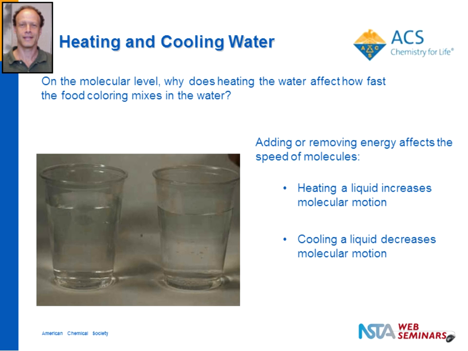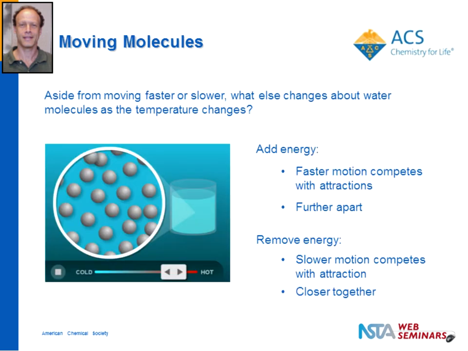We use very cold water. It had ice in it before we did this video. We took the ice out, so it was nice and cold, and we used pretty hot water on the right. And so the whole point is that heating increases molecular motion. Cooling decreases molecular motion. And it's a pretty obvious difference between them.